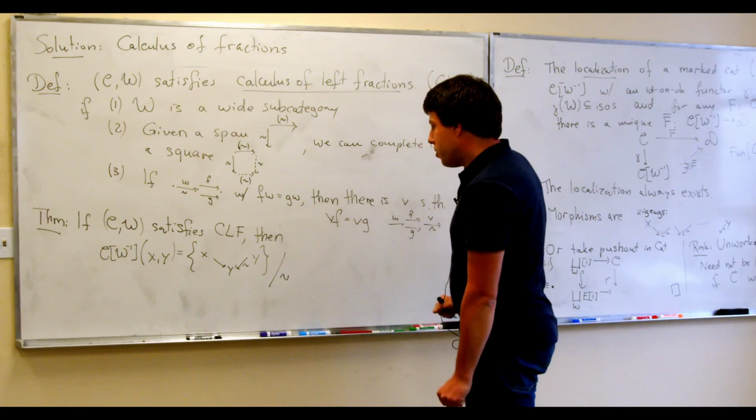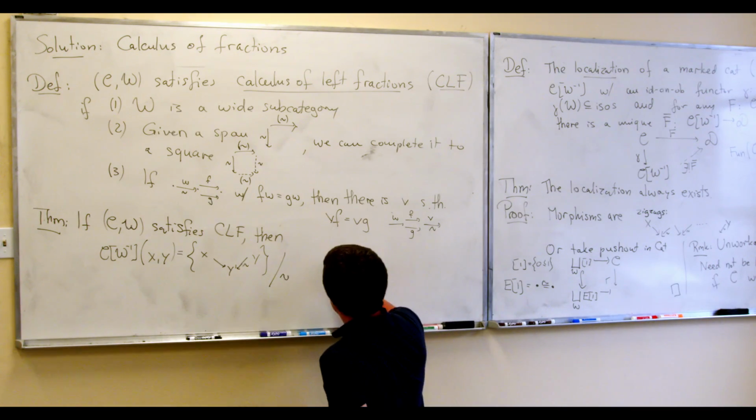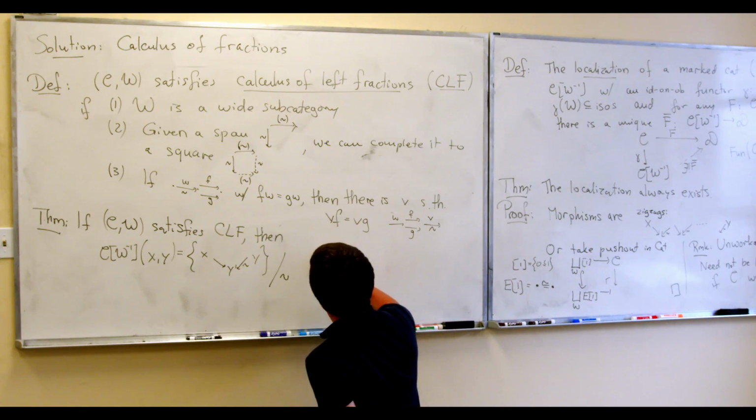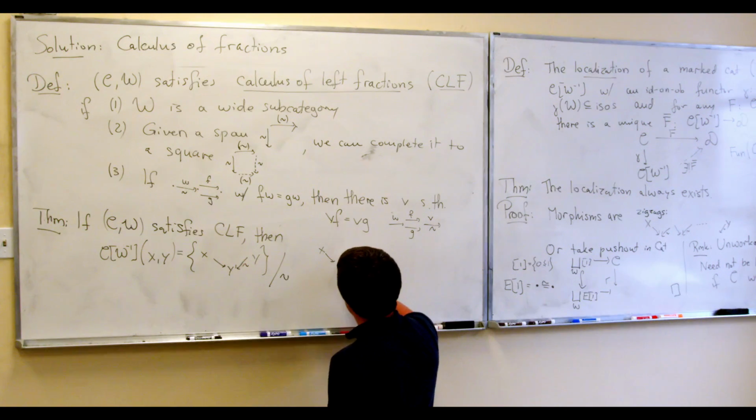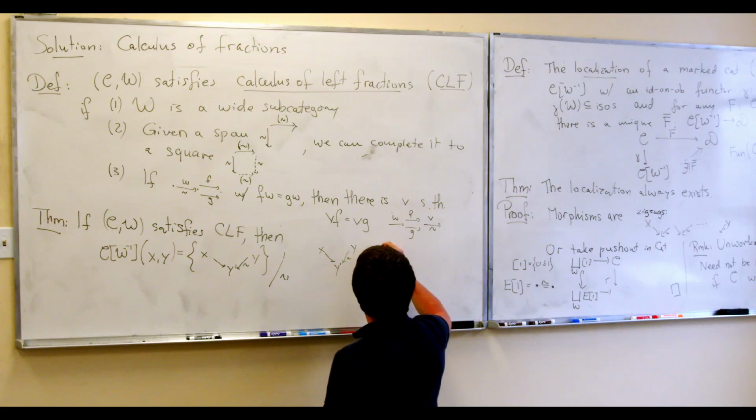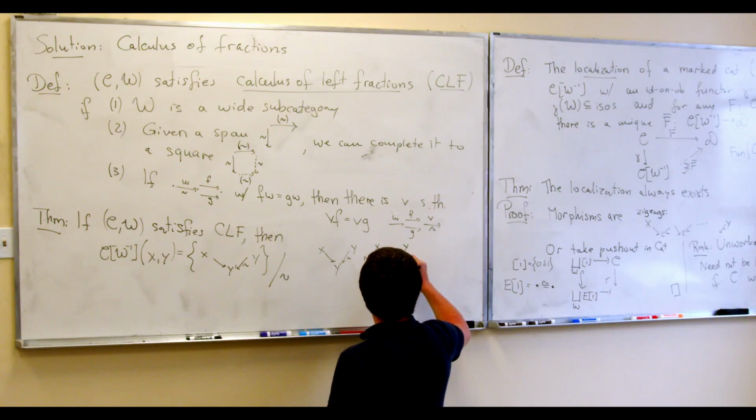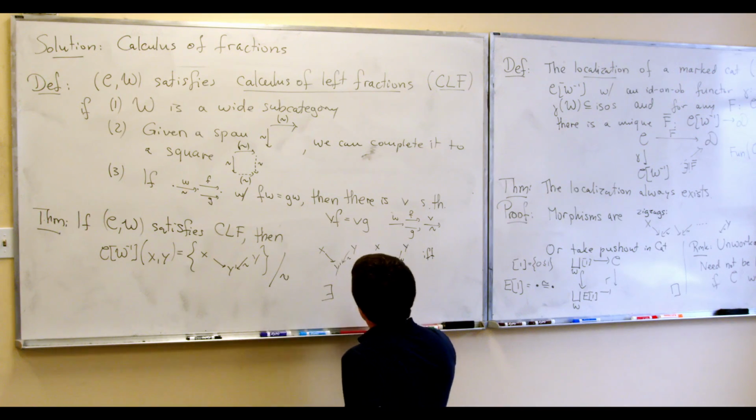OK, so what is the equivalence relation? We're going to say that a fraction, so these are called fractions, and I don't know why, but they are called that, so we're going with it. A fraction like that is related to a fraction like that, y double prime, let's say, if and only if there exists another fraction.